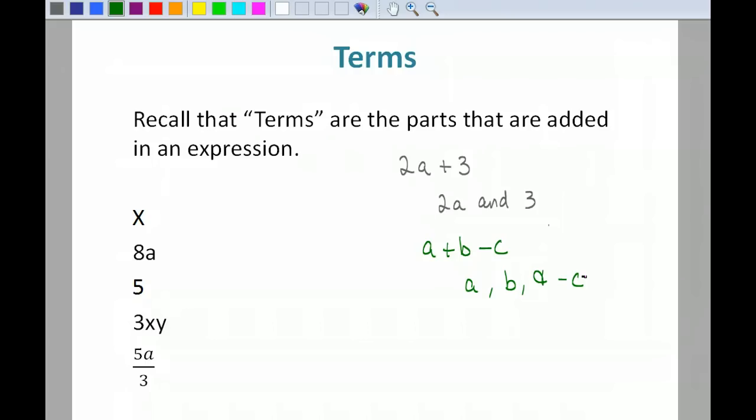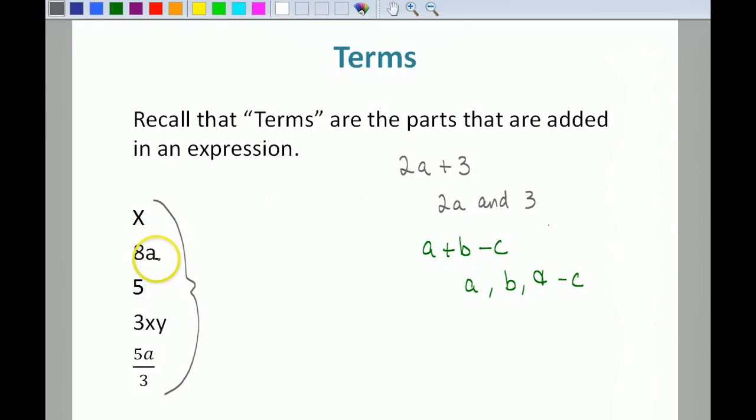Now another thing that you need to know when we talk about terms. These are all single terms. Notice they're all connected by multiplication or division. So 8a is one term.